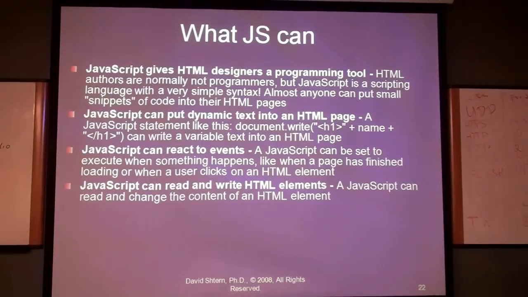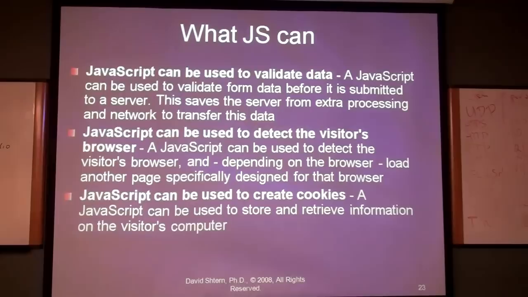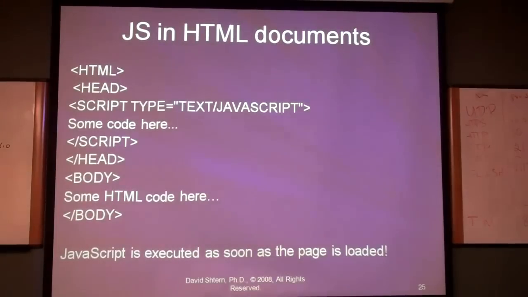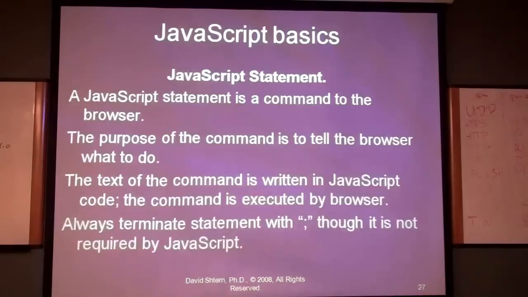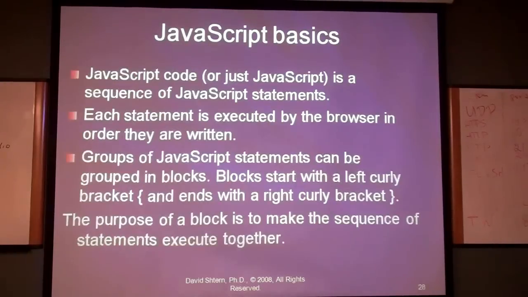And then we can do a lot of stuff with JavaScript, including validation, which we are going to try today. JavaScript validation. And also can do a lot of other actions, including detection of users' browser and operating systems, and also cookies. So where we put the JavaScript in the HTML code, we already said that.